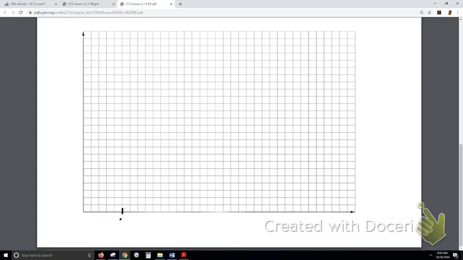I think we have enough space here for every square to be 1. So I'm just going to mark every 5 squares here, so that we don't have too many numbers written down and it makes it sloppy and hard to read. Okay, so this would be a great start.